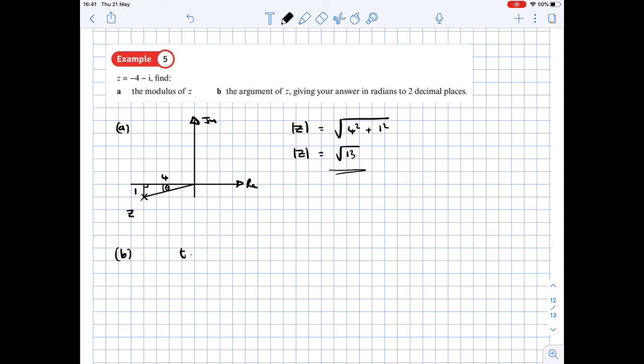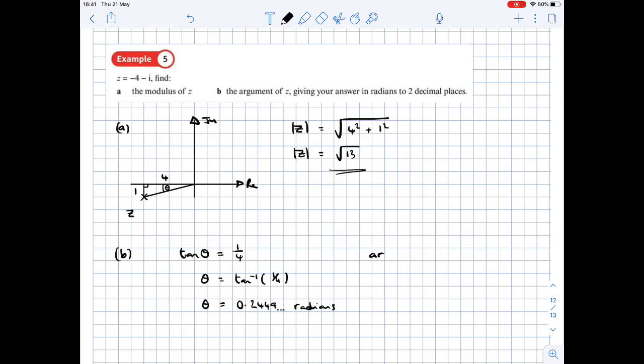So tan theta is equal to 1 over 4. So theta is equal to the inverse tan, or arctan, of 1 over 4. So theta is equal to 0.2449 radians. But that's not the angle we're looking for.